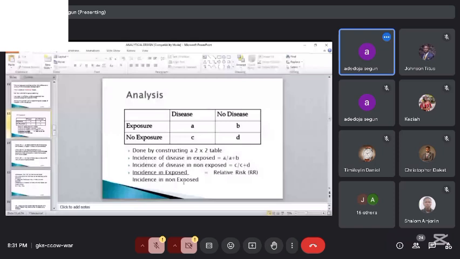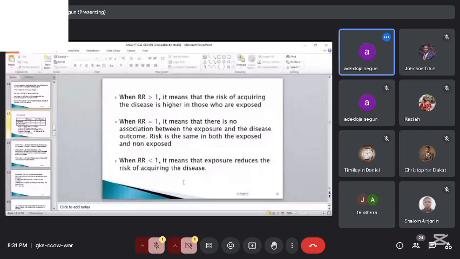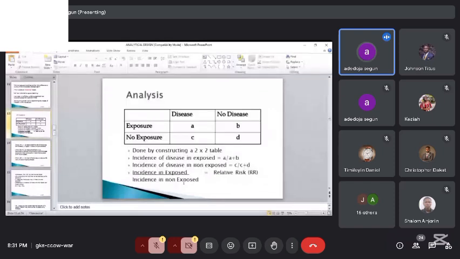Then to calculate the relative risk, it will be the incidence in exposed over the incidence in non-exposed. If you go through this calculation, you are going to get a particular value at the end of the day as our outcome.